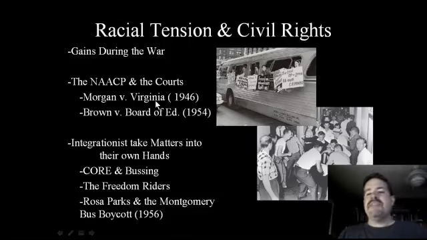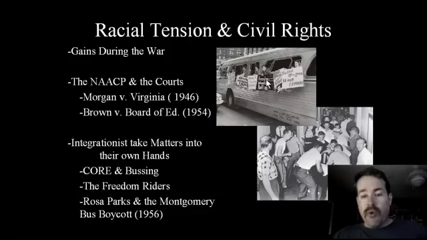Virginia, federal marshals are put on the buses to secure these freedom riders, to basically tell local authorities, we're not going to allow you to do this, and we're not going to allow non-government organizations like the Klan to do it for you either.